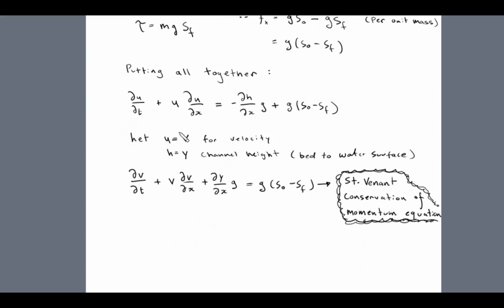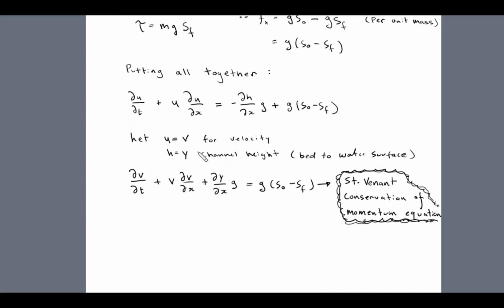Then putting this all together, we have our unsteady term, the change in velocity with respect to time in the x direction, plus the convective term in the x direction, is equal to the pressure term plus the body forces.